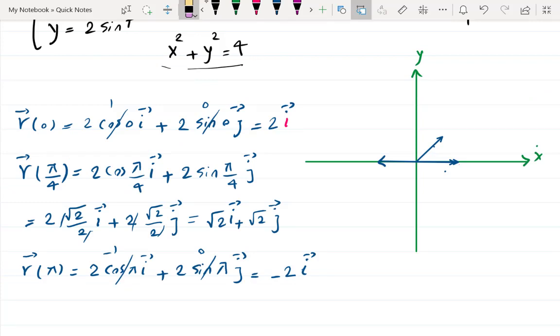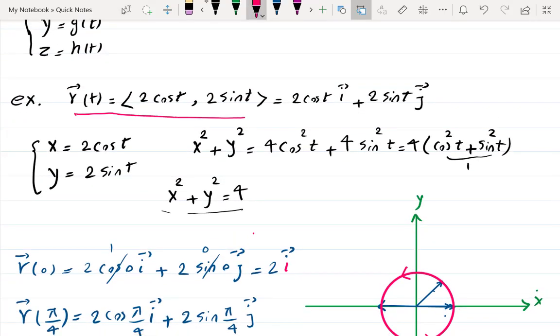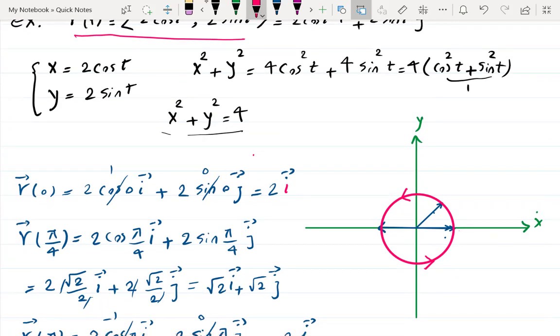As you know, there are a lot of real numbers, and for each number, there is a position vector. By connecting the ends of position vectors to each other, a directed curve is traced. That is, here is a circle with the center at the origin and the radius of 2. So the shape of this function is a directed circle.